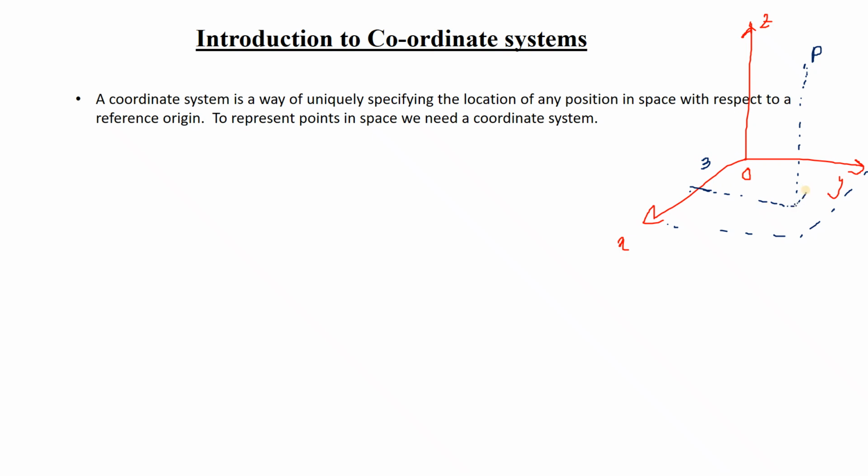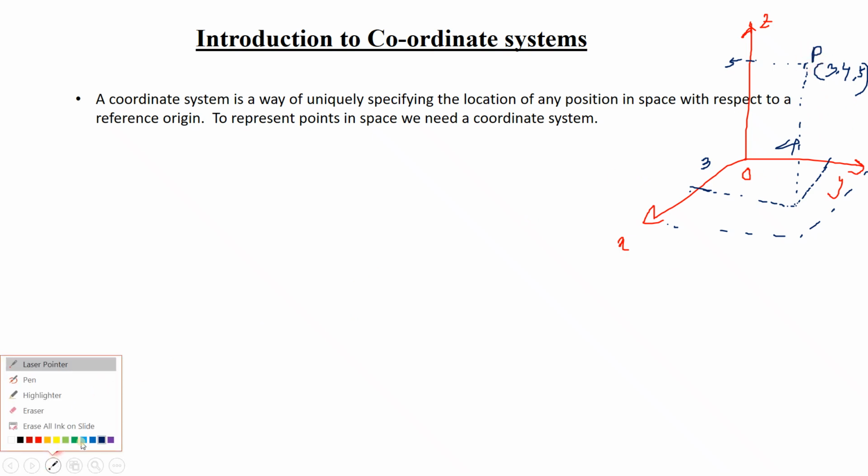If the distance is suppose 3 unit, and you will extend up to here, perpendicular line, this is 4 unit, and you will join it over here, suppose this is 5 unit. So this point is having 3, 4, 5 x, y, z coordinates. That means this is the way to locate a particular point in a Cartesian coordinate system.